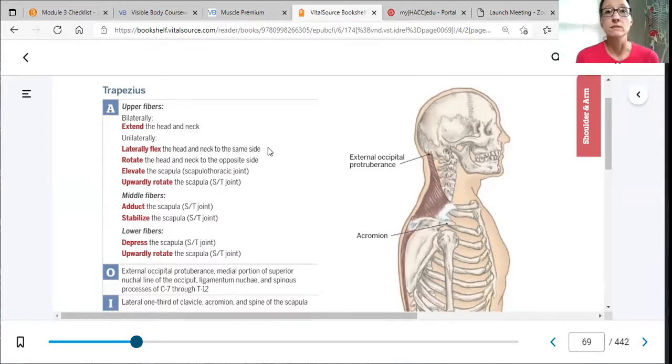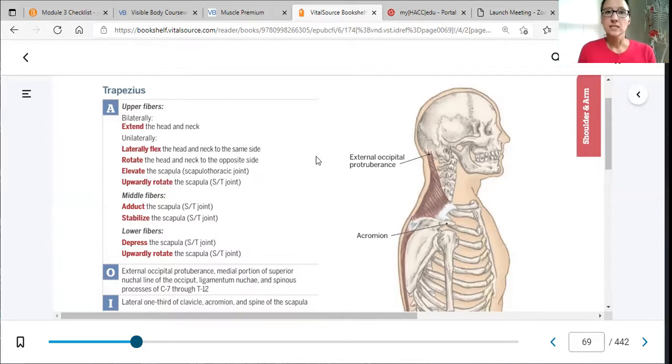Go ahead, try it. I'll wait. Can you laterally flex to the opposite side? No, you always go to the same side that you're flexing, always. It's redundant. So lateral flexion is fine. Laterally flex.